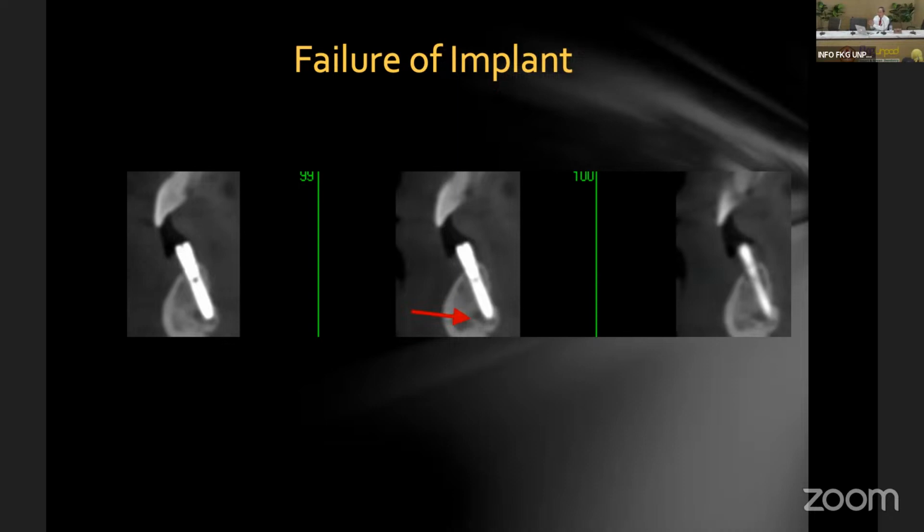Years back, there was a case report from Hawaii that one patient died one day after implant placement, because the implant was located in the lingual foramen. So that's why the three-dimensional view is good for implant placement.